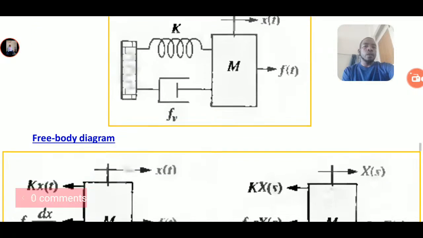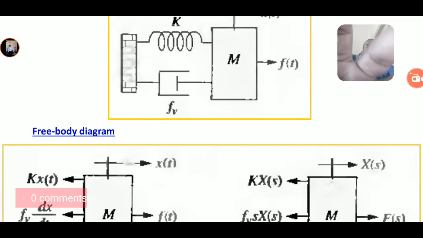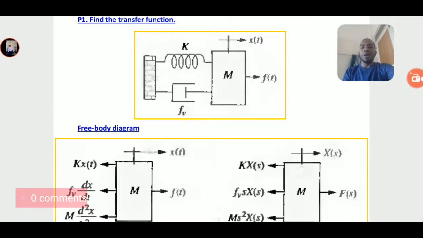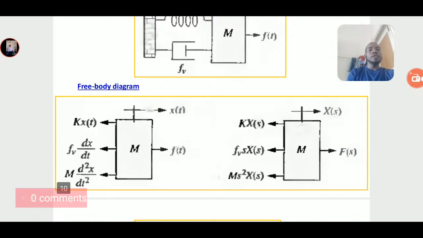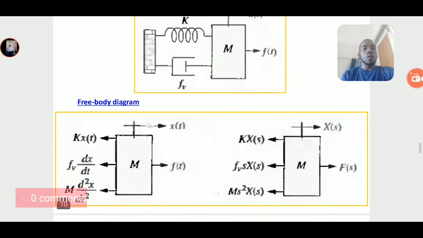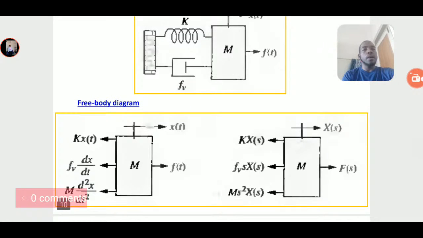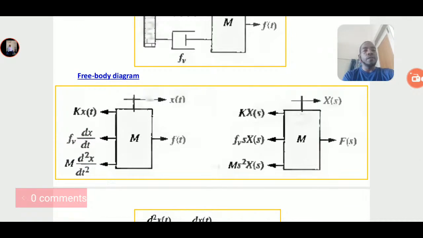So we are going to solve the given example. Our first step is drawing the free body diagram for the above diagram. We are changing it into the free body diagram.